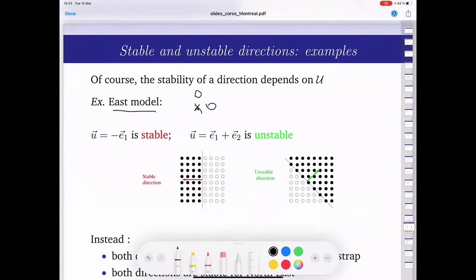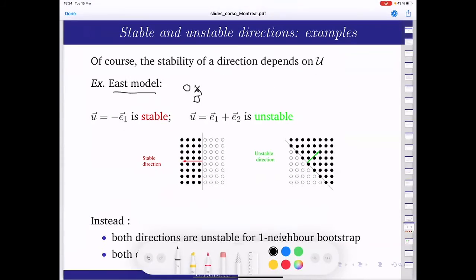Okay, so the West model here, the case in which I need an empty site either on the left or below.